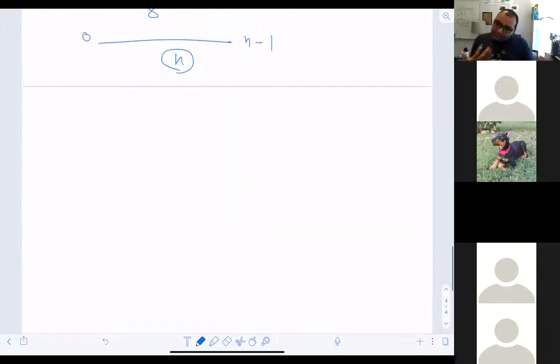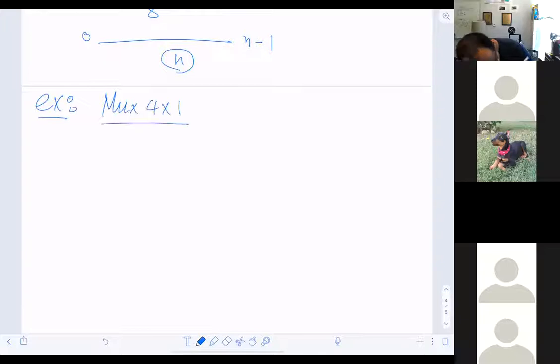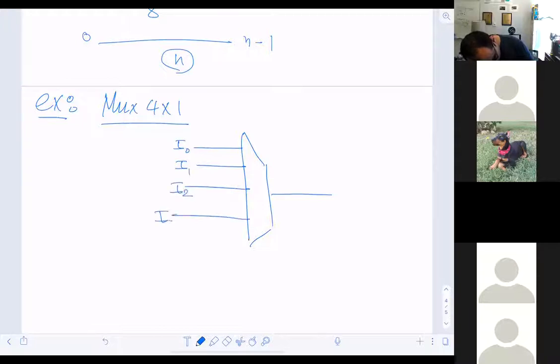Now let's make it 4. For example, we have a 4x1 multiplexer. Symbol-wise, I0, I1, I2, I3, and this is considered single bit input, so every single wire in front of you represents 1 bit.